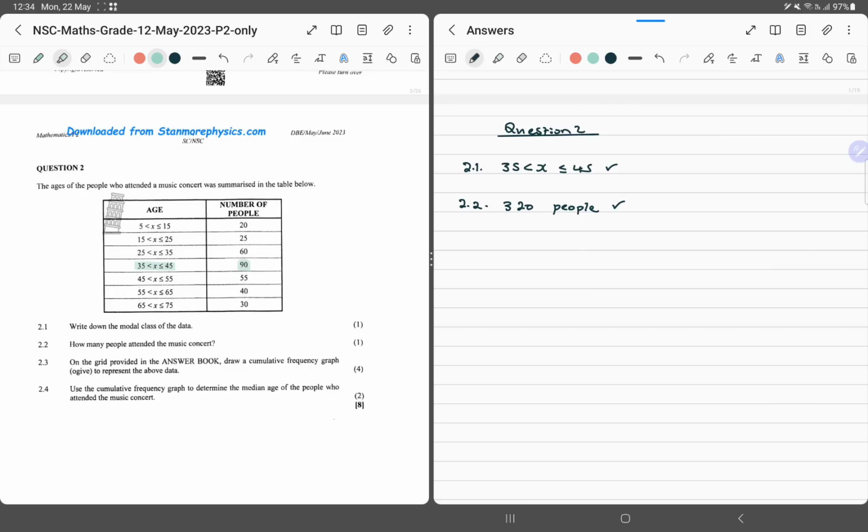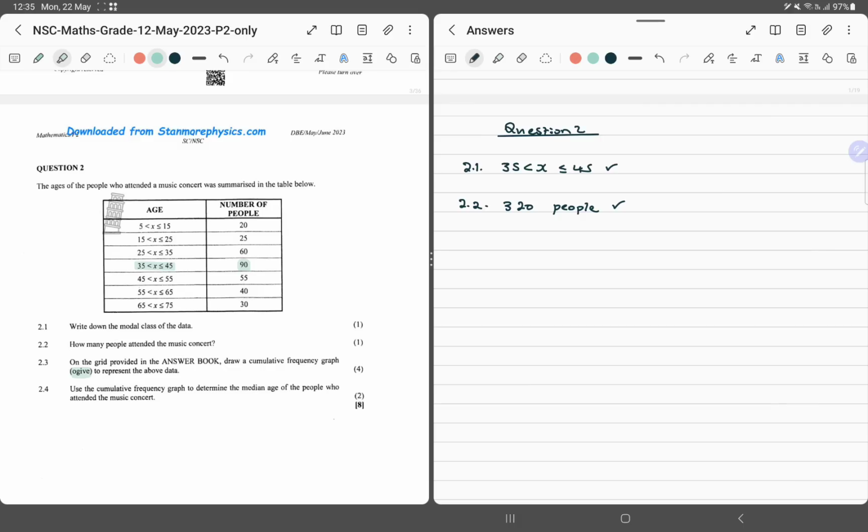That's the easiest. Now it says, on the grid provided in the answer book, draw a cumulative frequency graph, or the ogive, to represent the data above. And pay attention to how you pronounce this one. It's an ogive. Not anything else, but ogive. All right, great. Now, we need to do this business here.